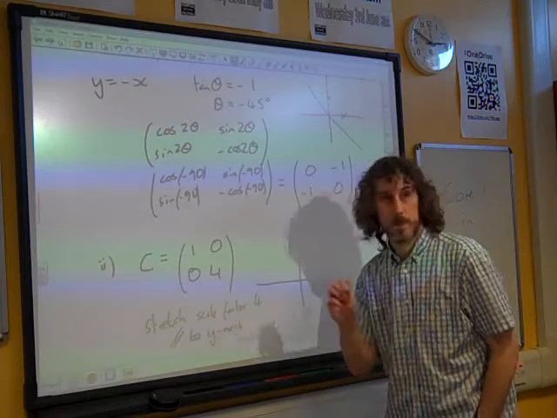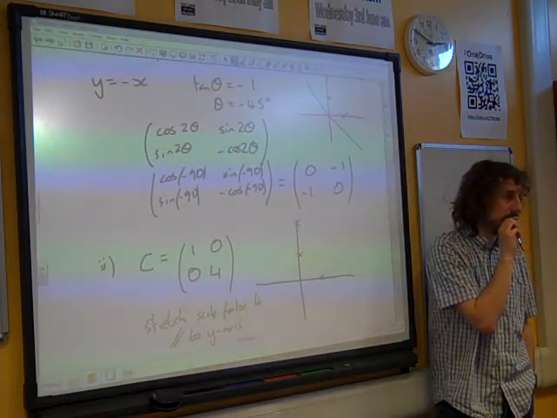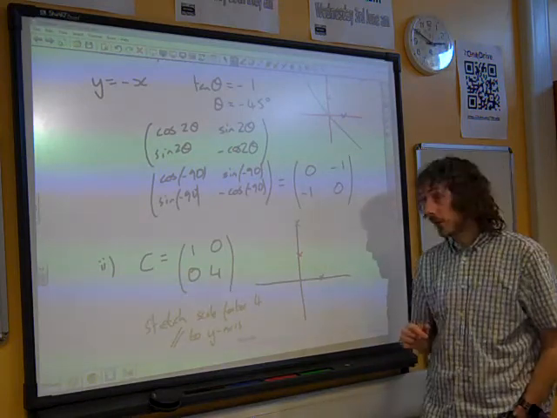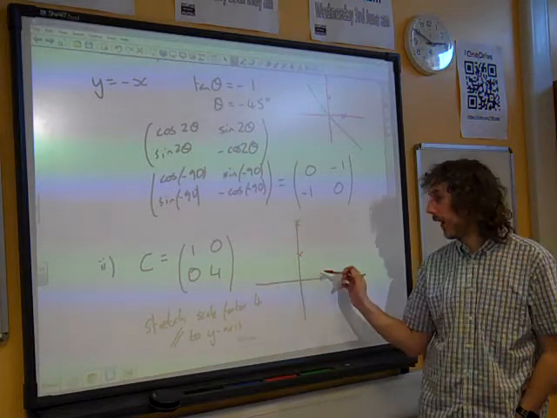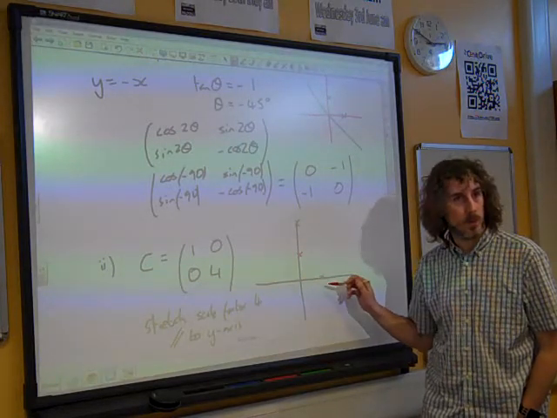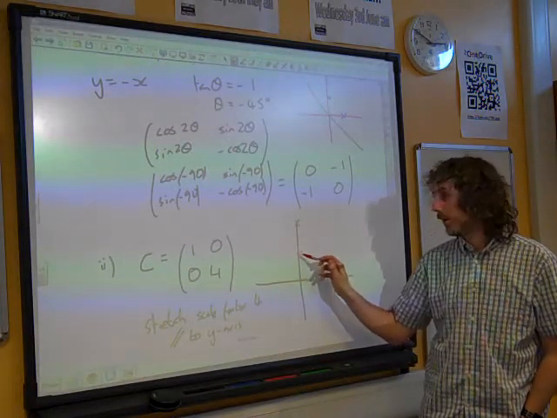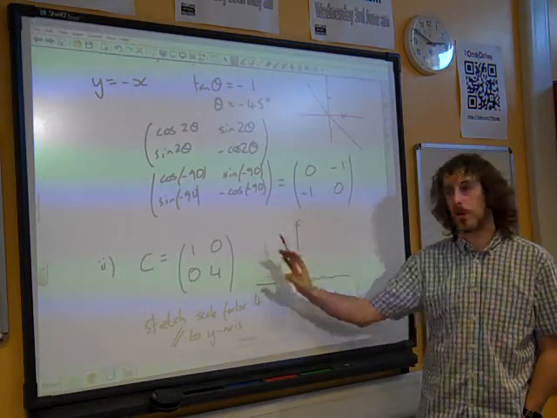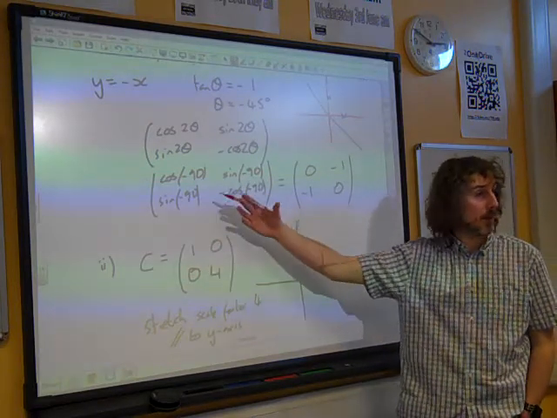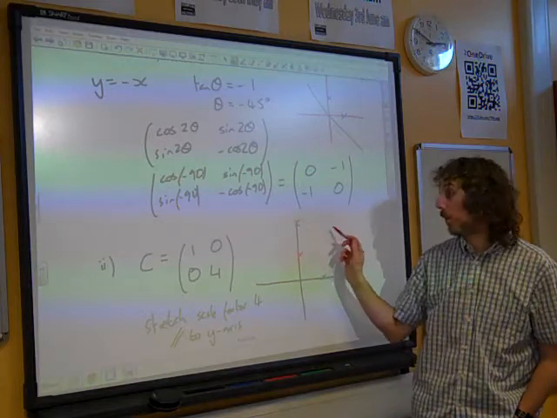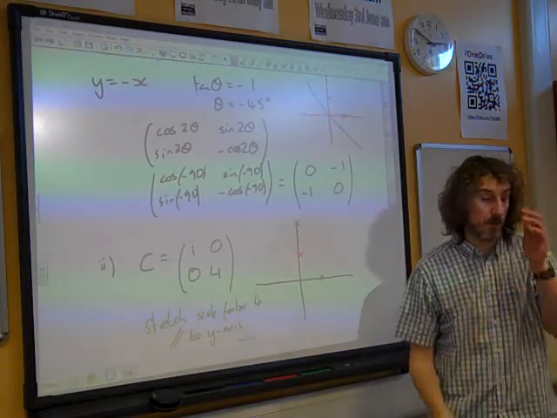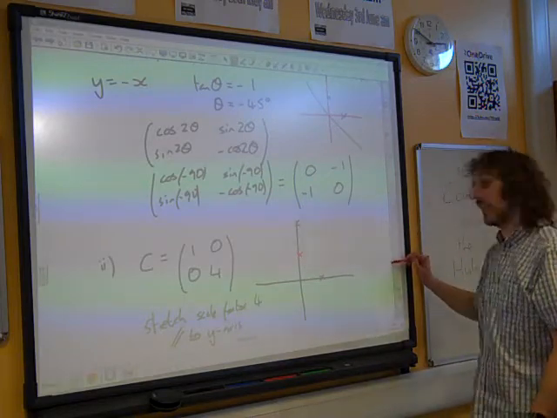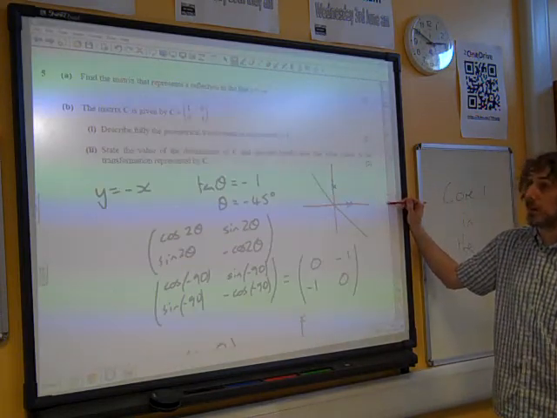You can also, if you want to, remember we talked about doing a unit square, so doing 0, 0, 1, 0, 0, 1, 1, 1, and multiplying that by that matrix and seeing where that ends up. And you would get 1, 4 of that other point that would be up there. And then you'd know it was a stretch in that direction. So that's it. That's gone as our 2 marks for that.